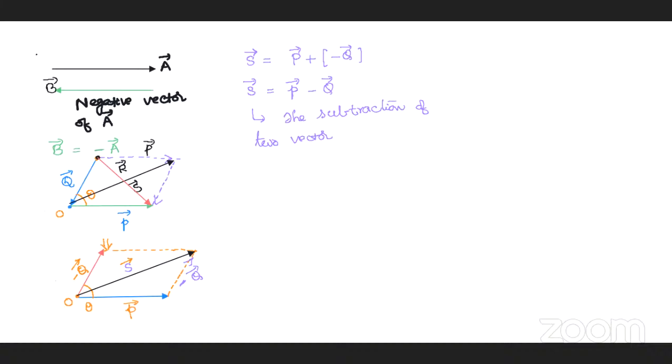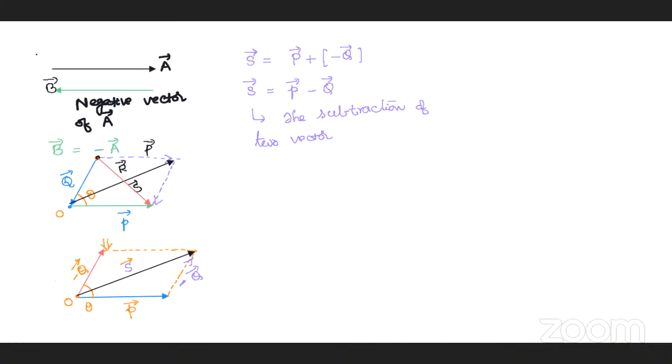The other diagonal in the parallelogram gives the subtraction of vectors. Now you understood? One diagonal gives subtraction of two vectors, the other diagonal perfectly gives the addition of two vectors.